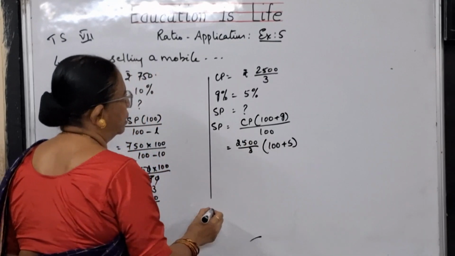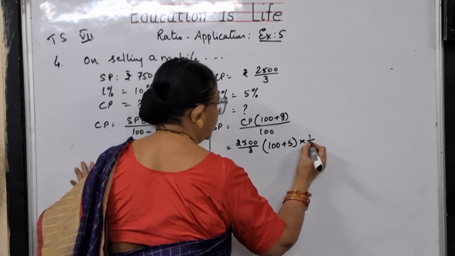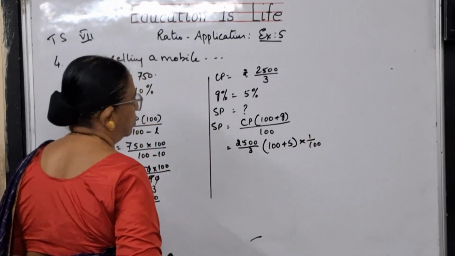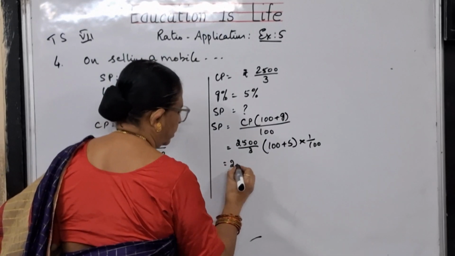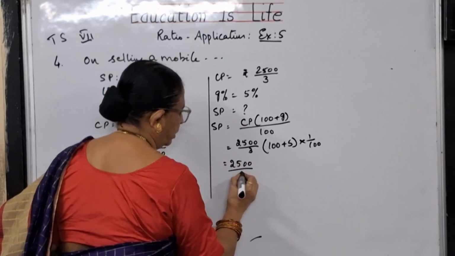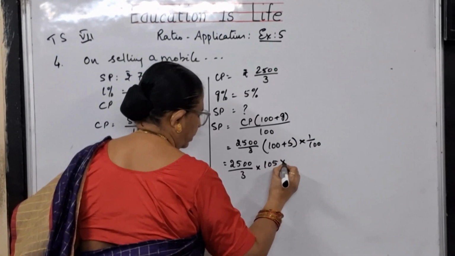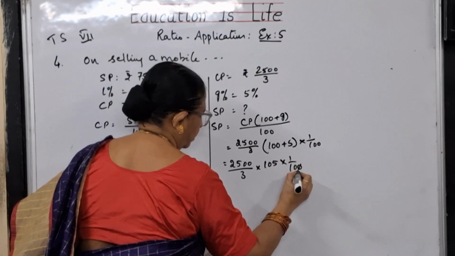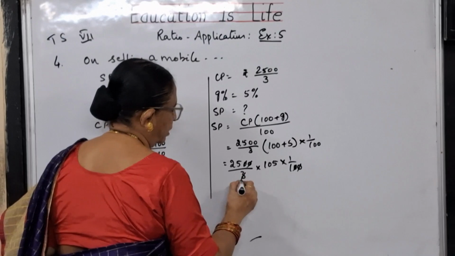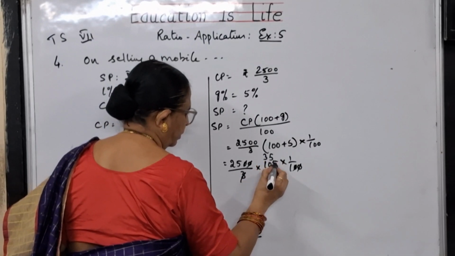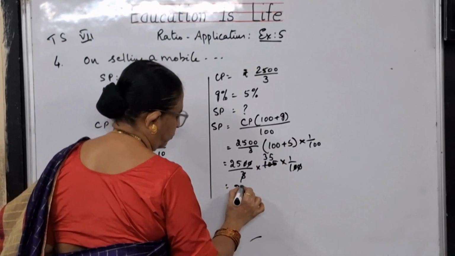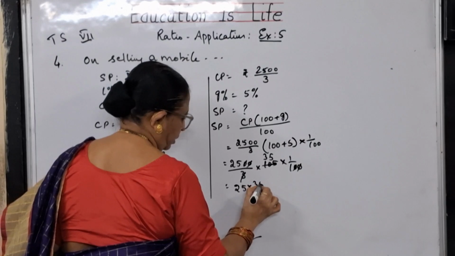Already here you have got a rational number, so 100 can be written as 1 by 100. That means 2500 by 3 into 105 into 1 by 100. So 2 zeros can be cancelled here, 3 3s are 9, 3 5s are 15. So you are getting 25 into 35.